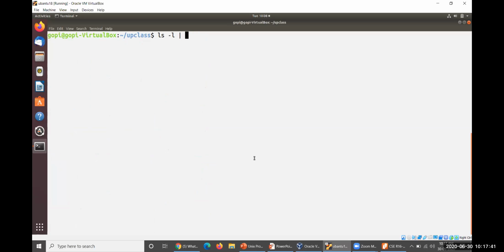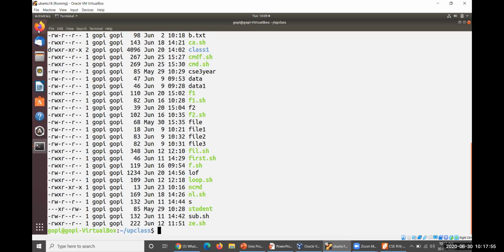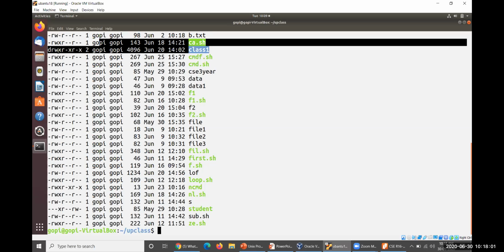What exactly are we trying to do with grep? What is the first character within the line? The first character within the line will be D, meaning directory. Of course, ls is only listing.